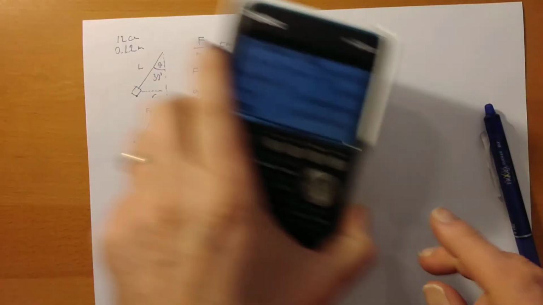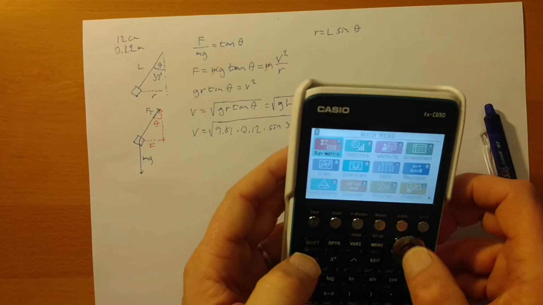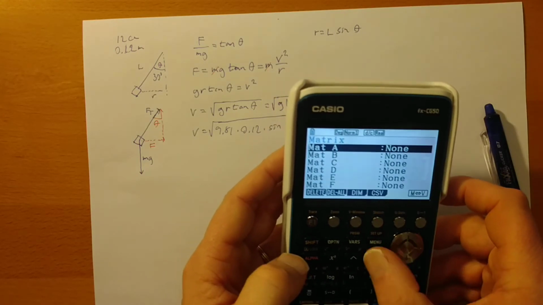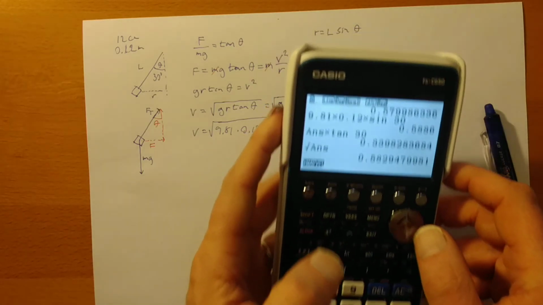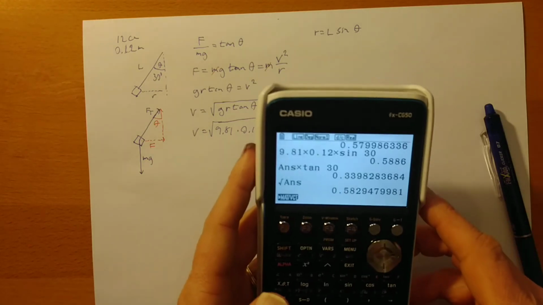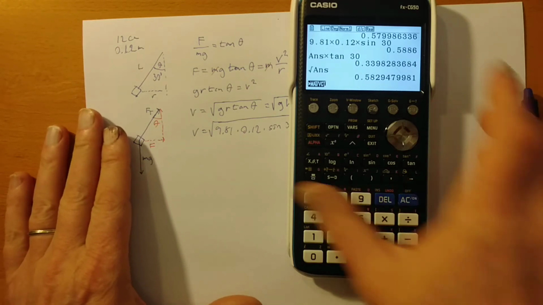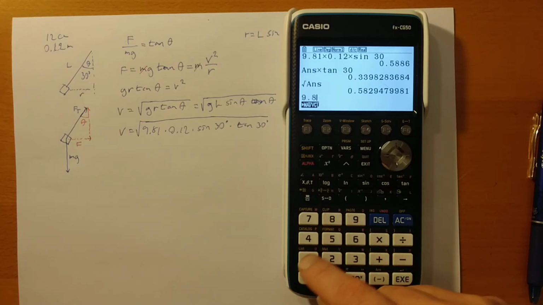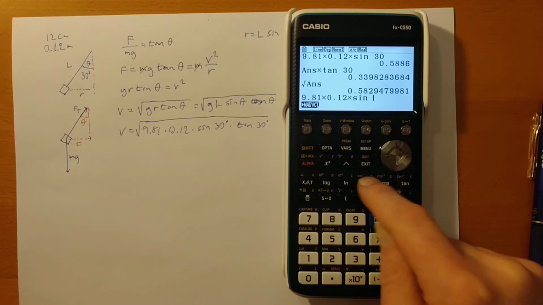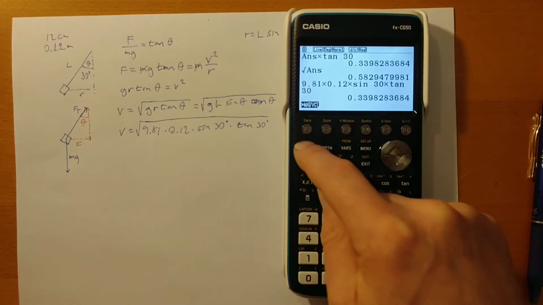So let's pull out our calculator and try to do this calculation. 9.81 times 0.12 times sine of 30 times tan of 30, and then shift square root.